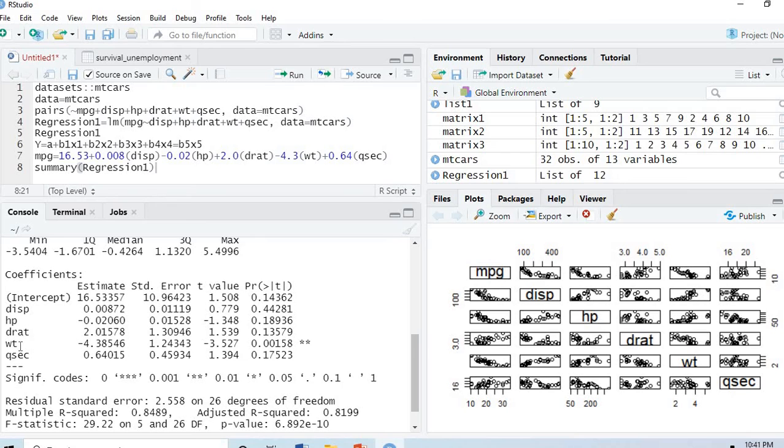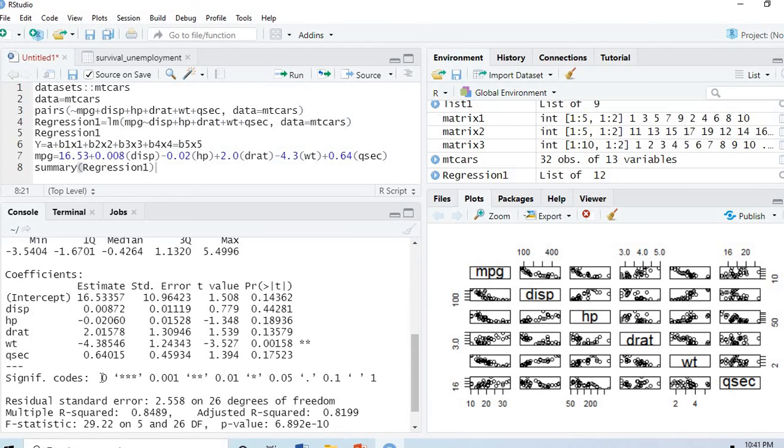So let's say if I make 1 unit change in the DISP, the MPG would be increased by 0.008 unit. Similarly, if I make 1 unit change in the HP, the MPG would be decreased by 0.02 units.